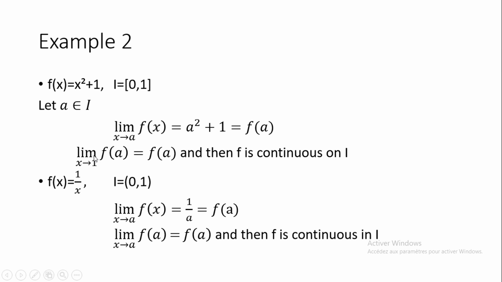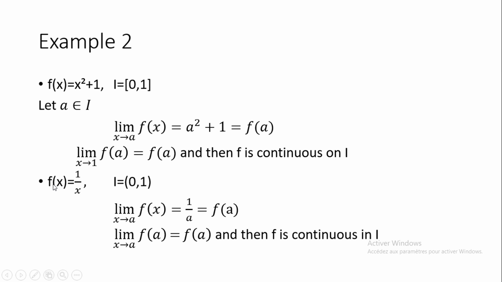And then because we have the limits equal to f of a, f is continuous on I. Well, it's continuous, but we need to verify the limit when x gets closer to 0 plus and when x gets closer to 1 minus to say that f is continuous.